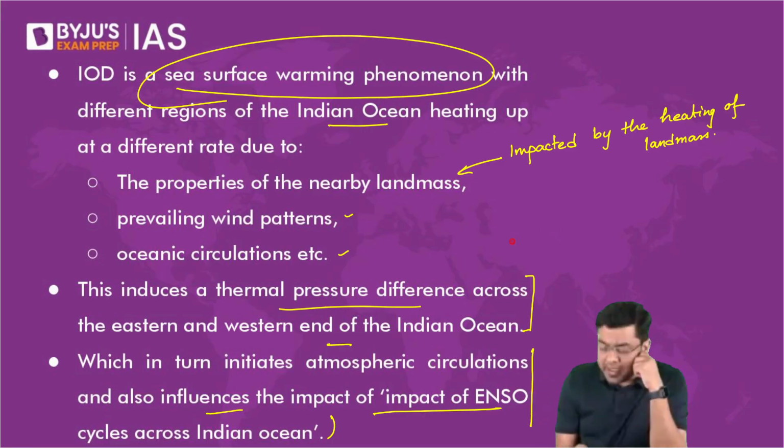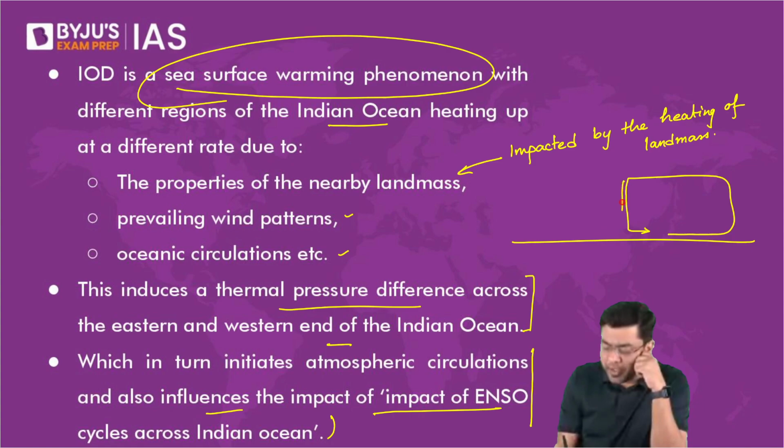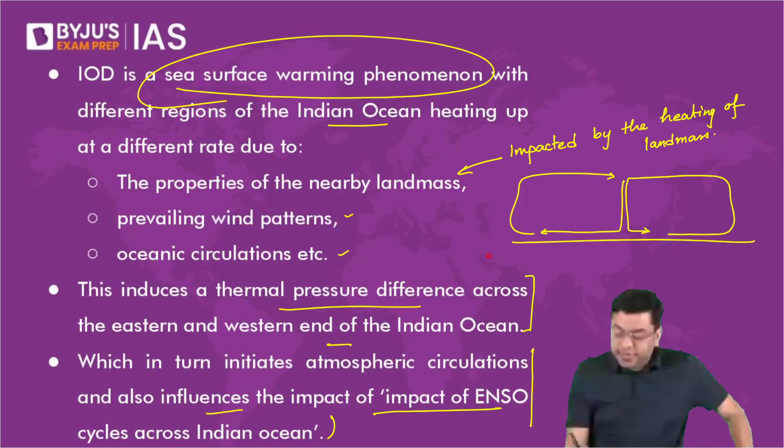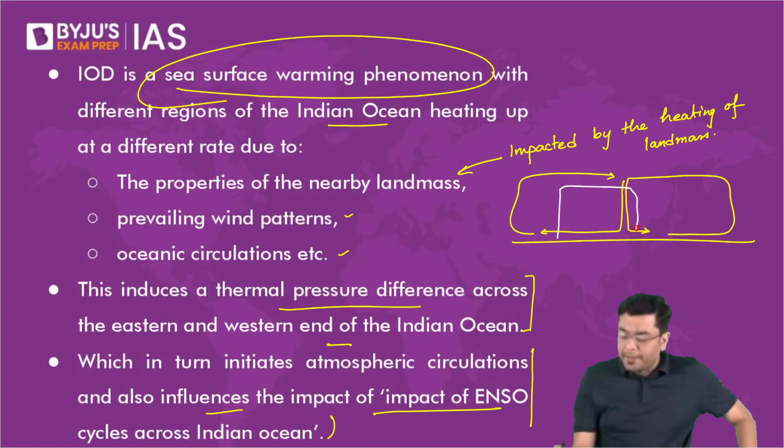So imagine if in an area, due to ENSO circulation or ENSO conditions, this is the circulation in an area. Right. Now, due to the heating and the cooling of the surface, imagine there is a fresh circulation which happens in this area.